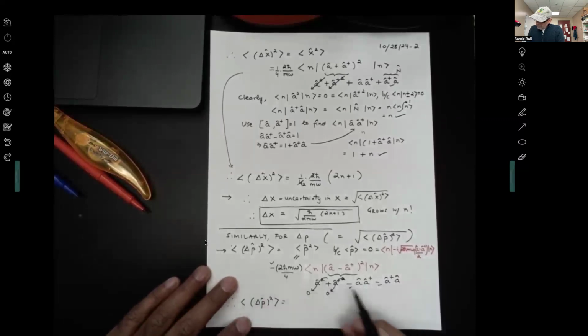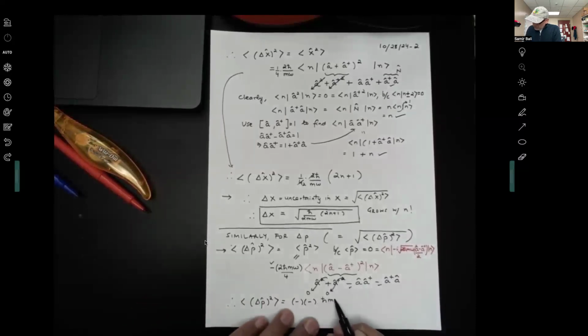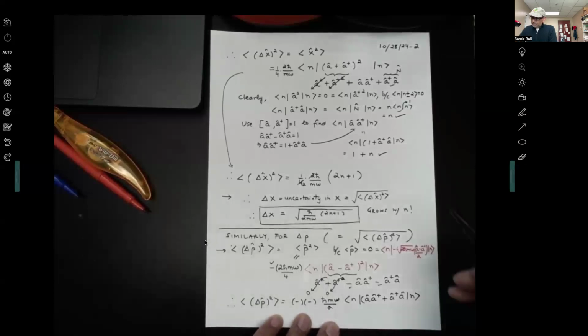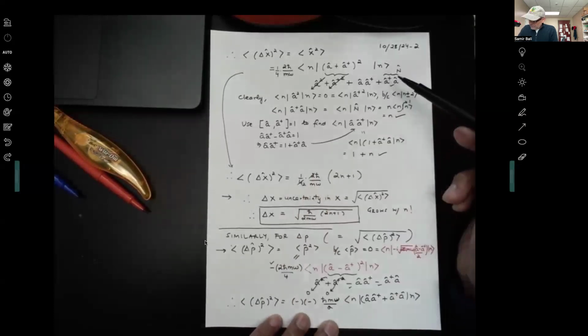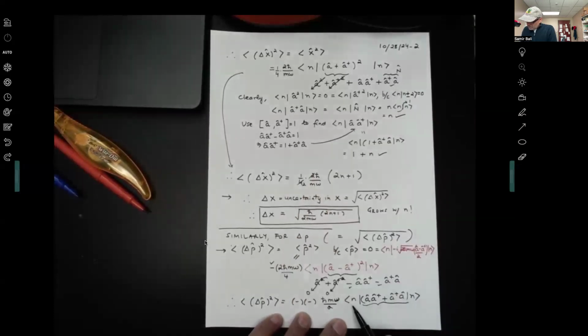You're left with h bar m omega over 2 times a a dagger plus a dagger a. But we evaluated this up here, and we found this to be 2n plus 1, as evaluated above.